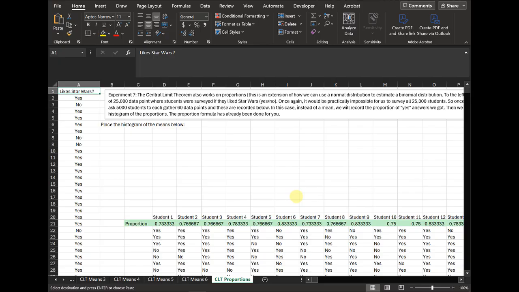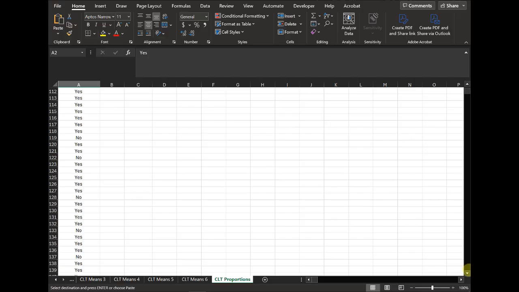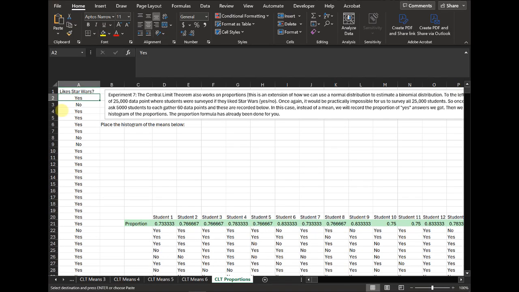The other surprising thing is that this theorem also works with proportions. So this is kind of an interesting thing. So now my data is going to be, do you like Star Wars? Yes or no? And once again, I have just 25,000 data points of people who answered this survey of yes or no, I don't like Star Wars.